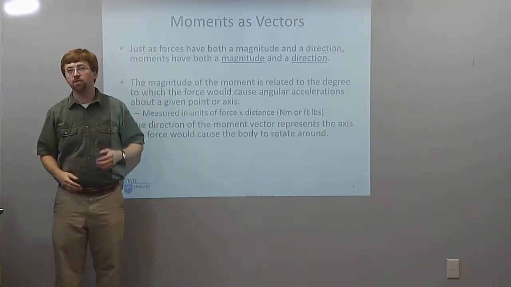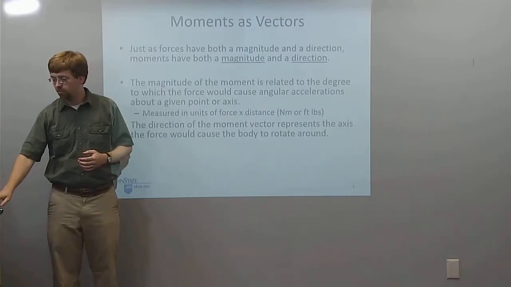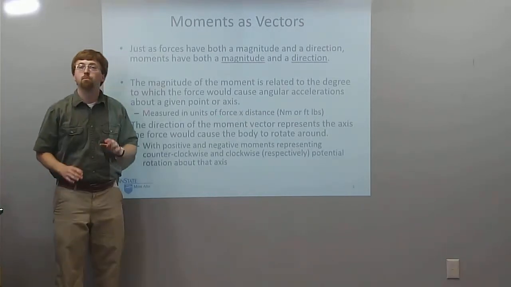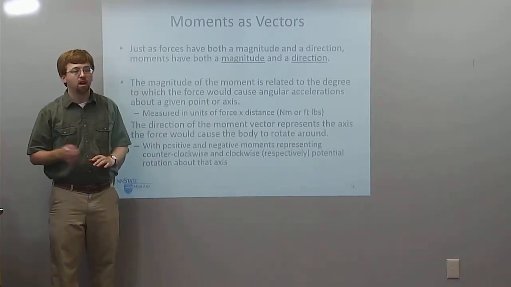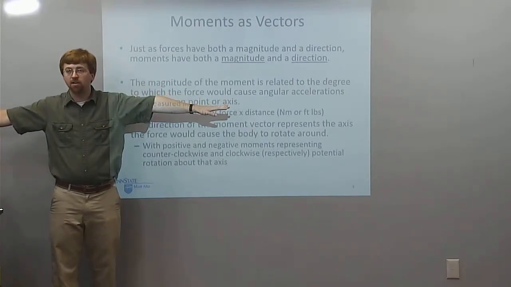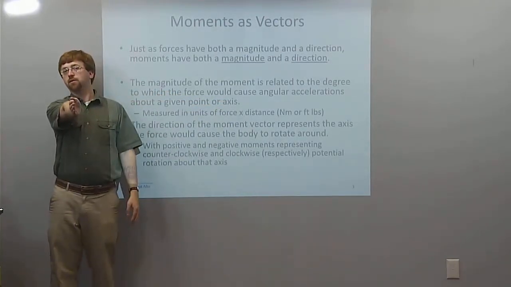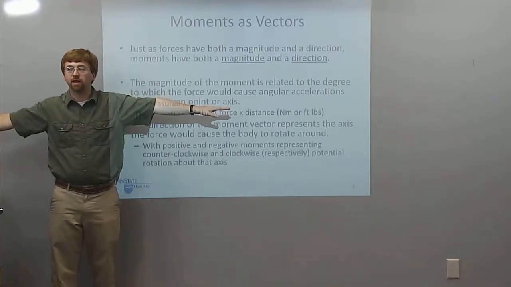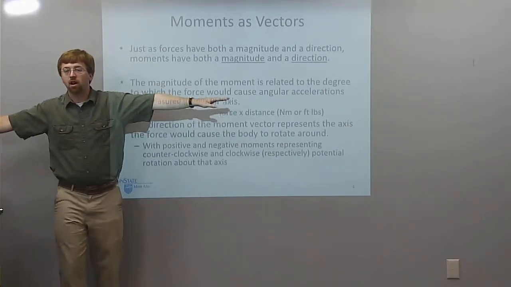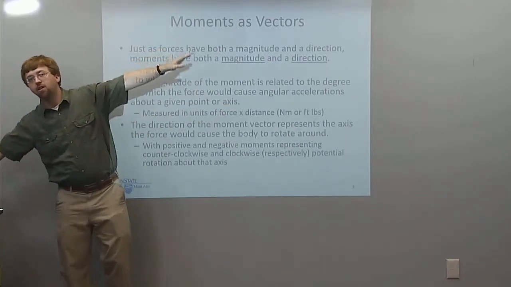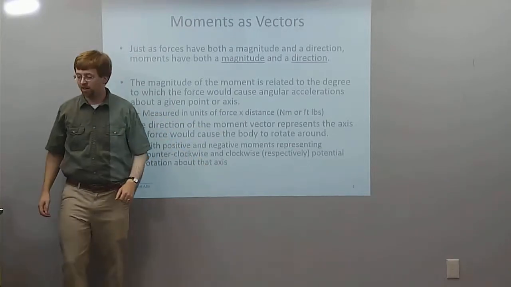There's a bunch of axes of rotation, and we need to indicate that with our moment. And like I said, positive or negative moments: if I'm rotating about the axis going right towards the camera here, I can go clockwise or counterclockwise about that axis.